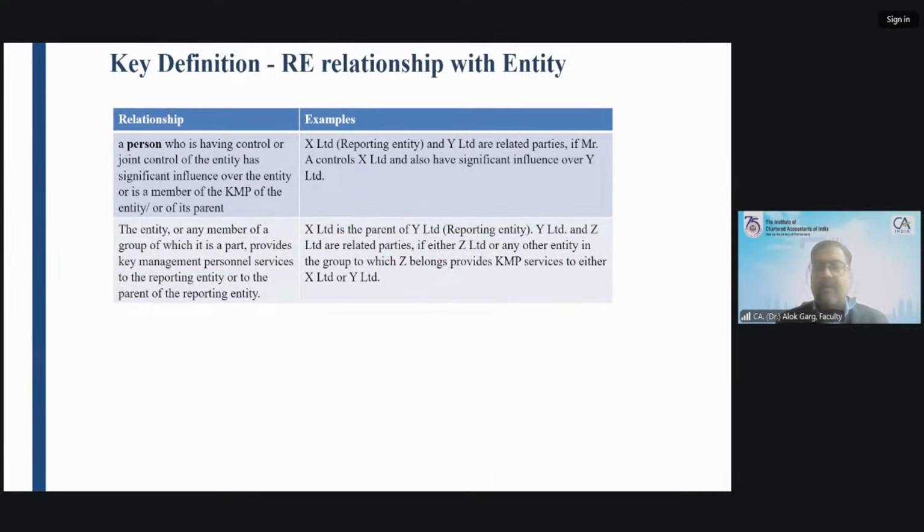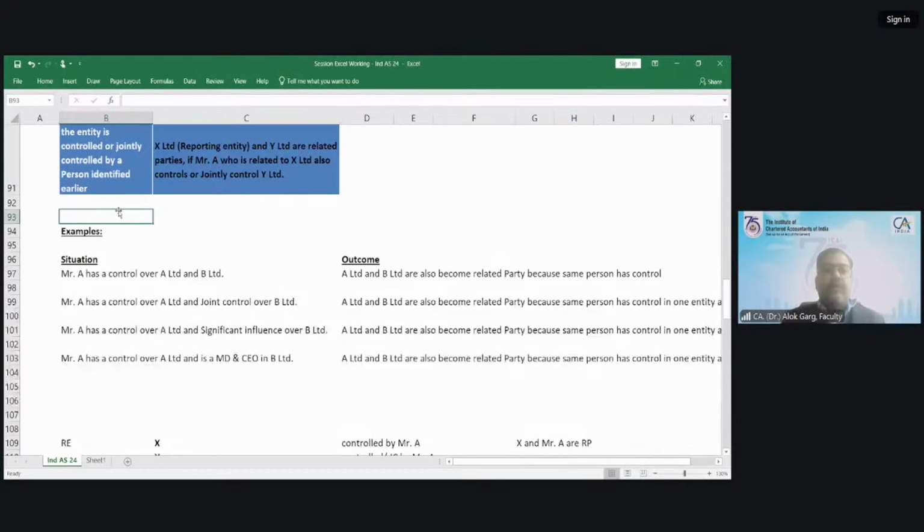So where were we? We were discussing the last concept of this relationship. Let me copy this part as well, the next part.